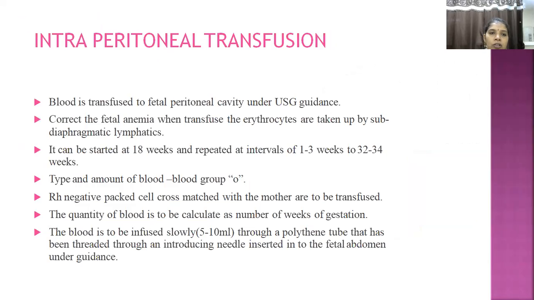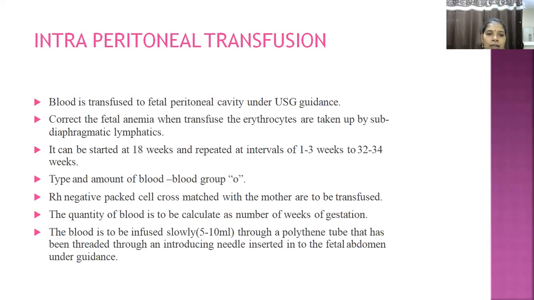Intraperitoneal transfusion: blood is transfused into the fetal peritoneal cavity under ultrasound guidance. It corrects the fetal anemia when transfused erythrocytes are taken up by subdiaphragmatic lymphatics. It can be started at 18 weeks and repeated at intervals of 1 to 3 weeks up to 32 to 34 weeks.